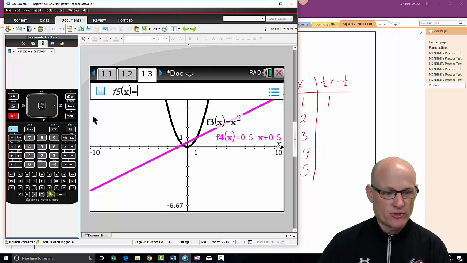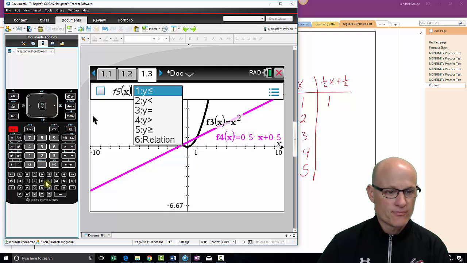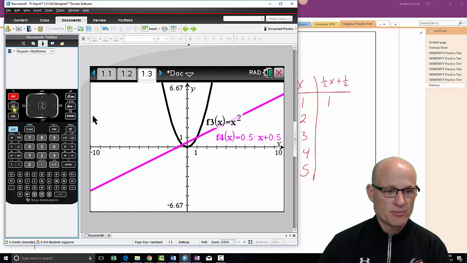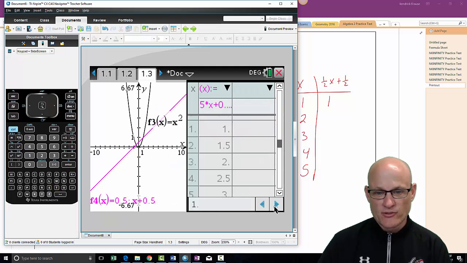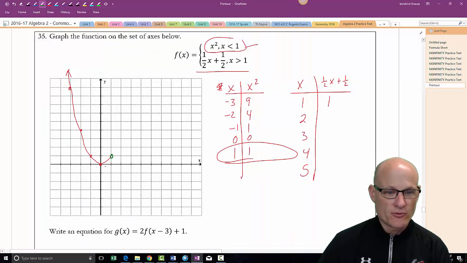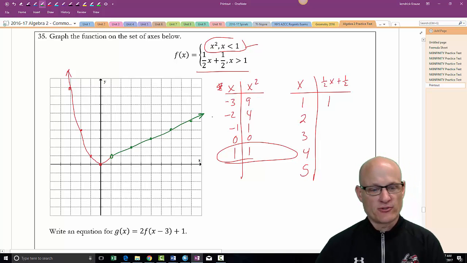And I can go to the table, Control T, and look up the magenta ones right here: 1, 1, 3, 2, 5, 3, and so on and so forth. So we're going to have that open circle at 1. That's going to look like this. So that's graphing the piecewise function.